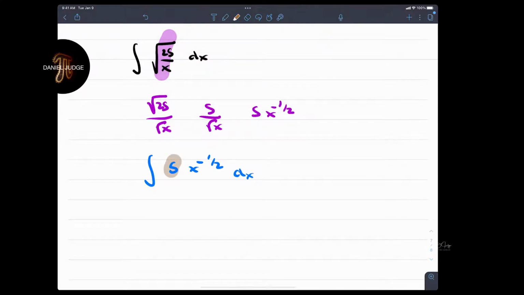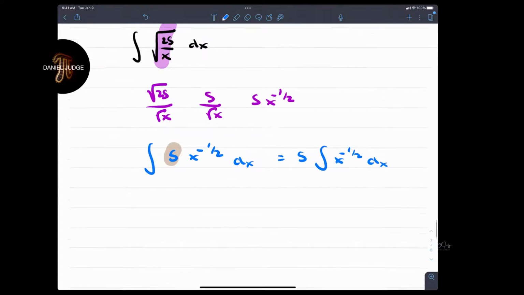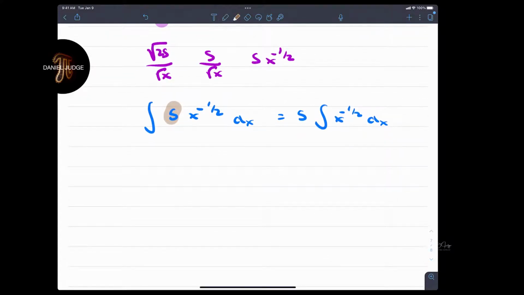We get to use our properties. We get to pull out our constant. So this will be 5 integral x to the minus 1/2 dx. You pulled out the constant. So add 1, and then just put your plus c at the very end, so you don't have to worry about the algebra of constants.